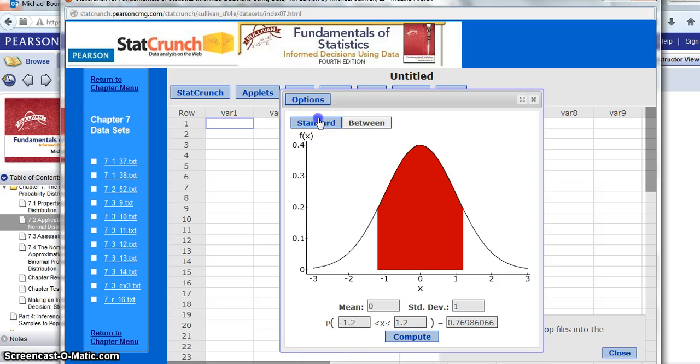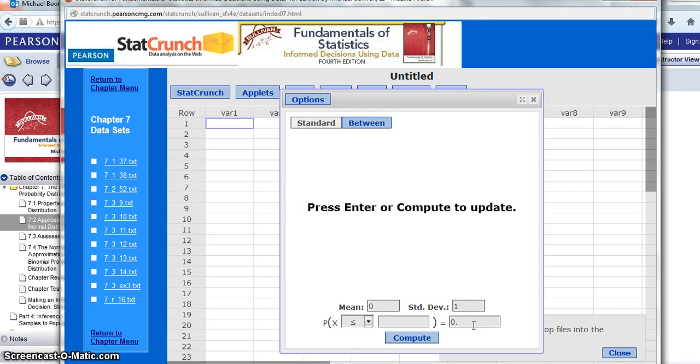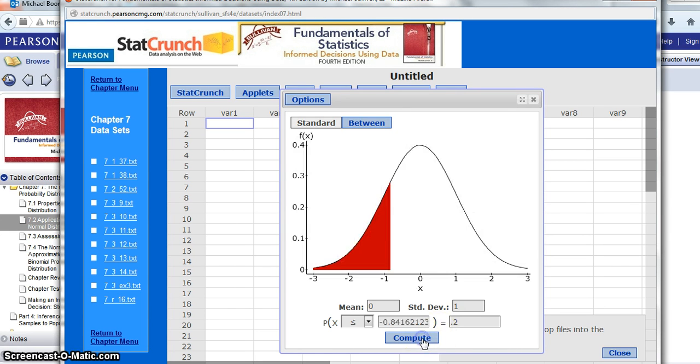So we can find those z-scores by plugging in a percentage. If I want to find where 20% is to the left, I type in my 20% over here. In the calculator, it has directions for finding the inverse norm, and so that's what I'll call this. We are finding the z-score based off of an area underneath the curve.